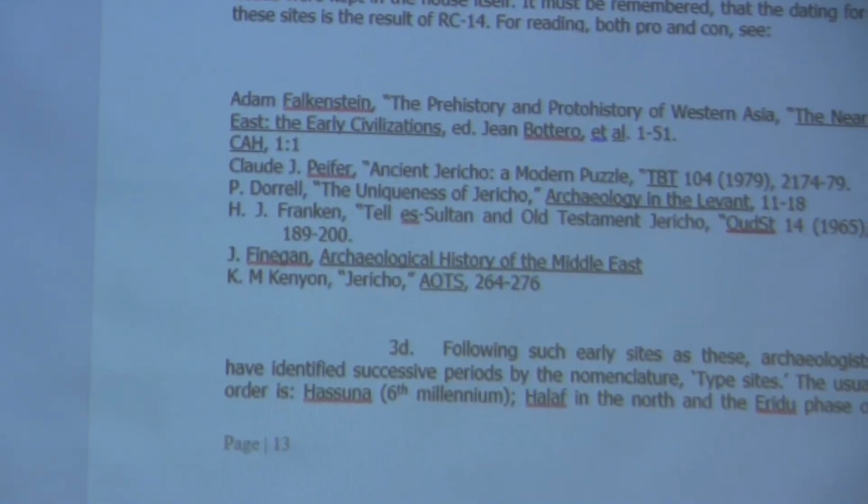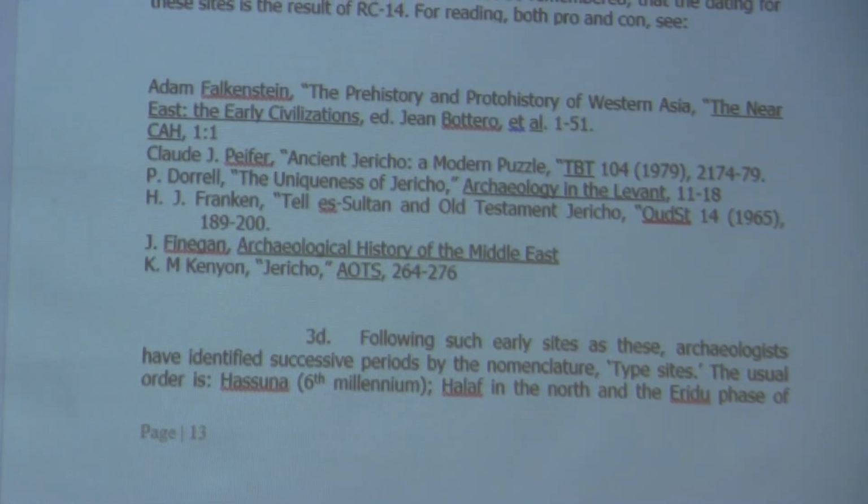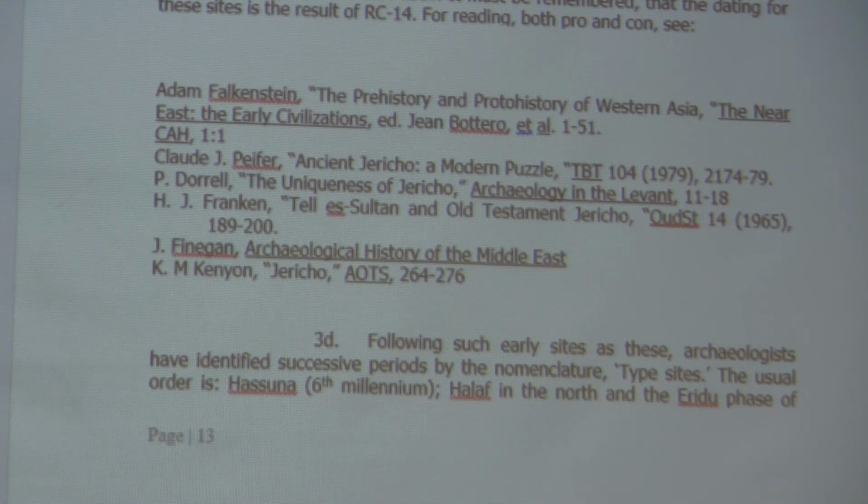It also had a round battlement tower that was about 27 feet high. So, as you can see, if the radiocarbon 14 is correct, then the earliest villages began in Mesopotamia about the same time Jericho began in what we call Israel.